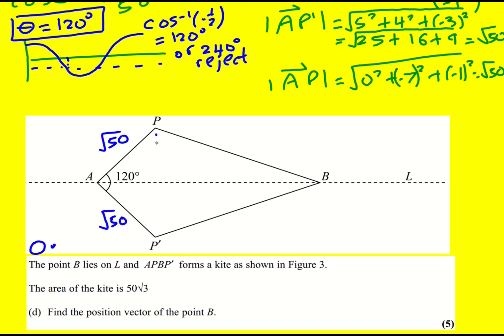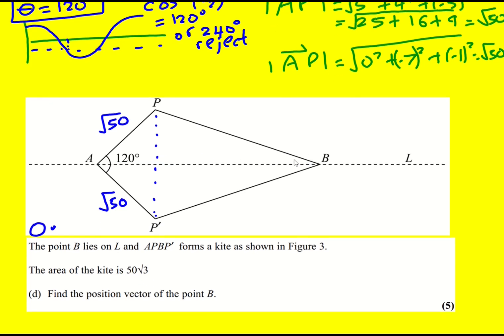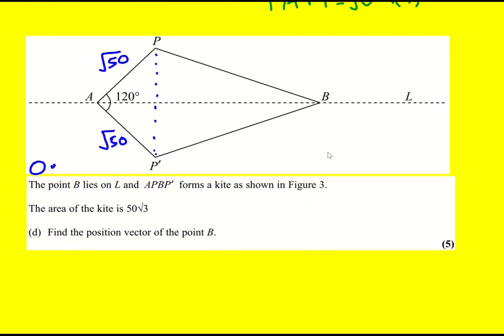In the mark scheme, they actually work out P to P dash and work out that length and then do a half times this height times the full length here. But we can avoid having to work that out by using the half AB sine C formula.